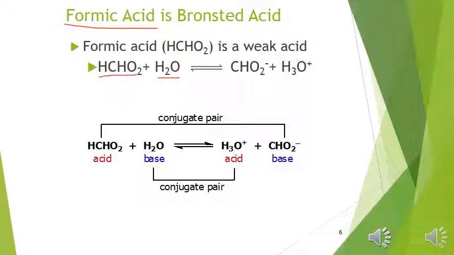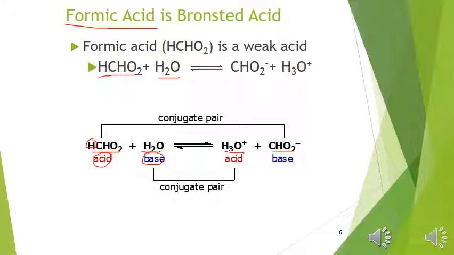When it combines with water, this H comes off. So this guy becomes this over here, and the water gains the H. So this is the acid, and this is the base.